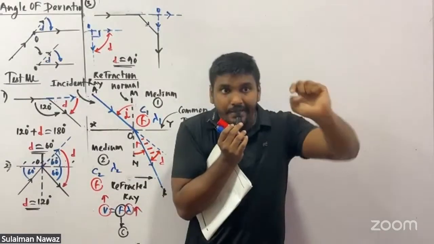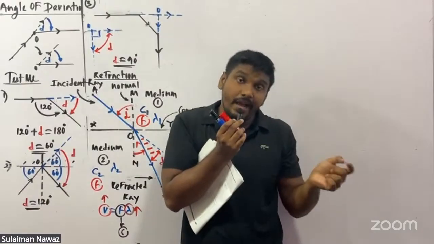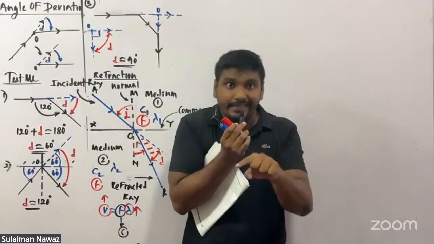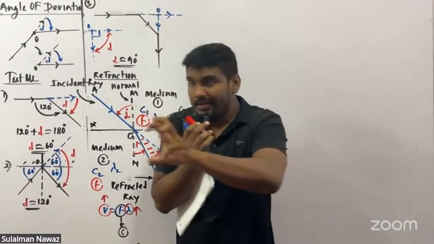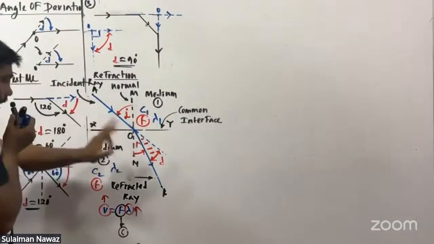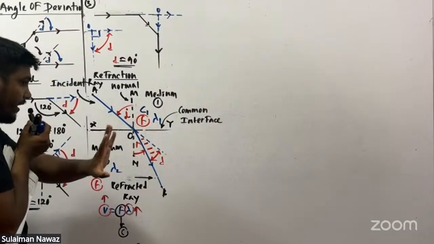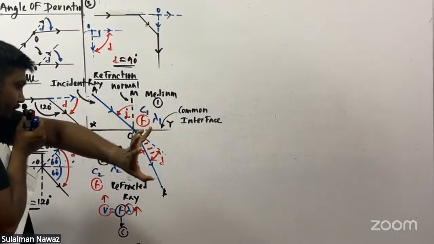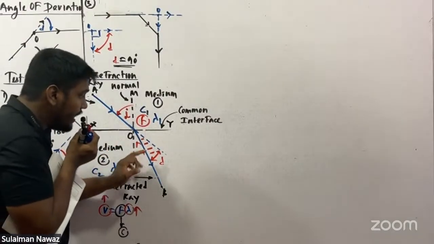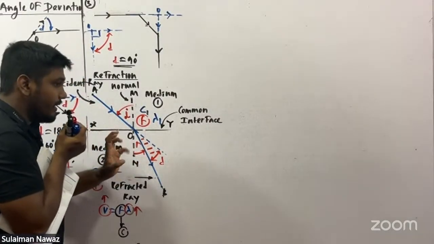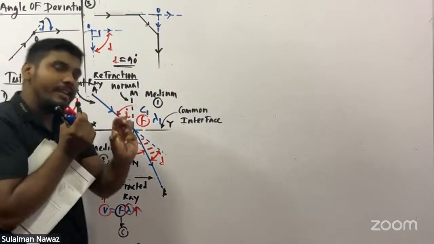Medium 2 is the medium where the light ray enters secondly; in other words, where the refracted ray exists. Please don't define medium 1 as the medium where the refracted ray exists, and please don't define medium 2 as the medium where the incident ray exists. Then it makes you confused.